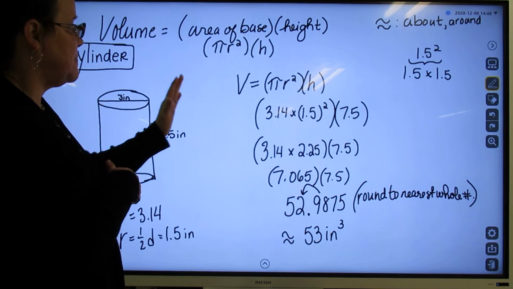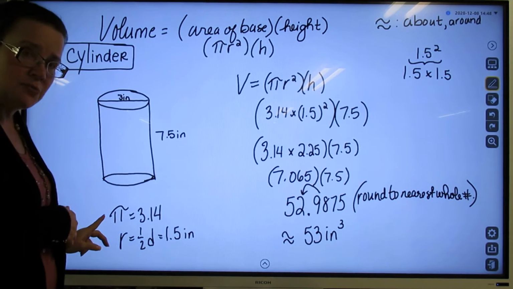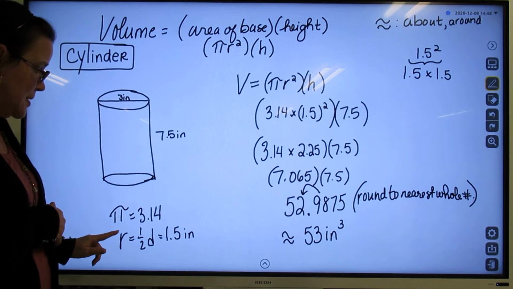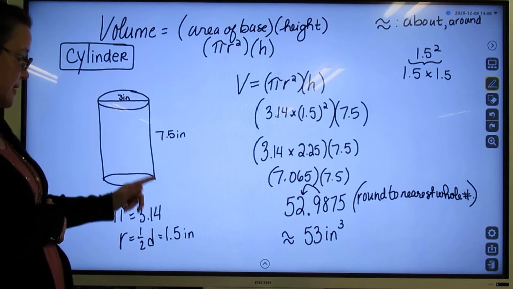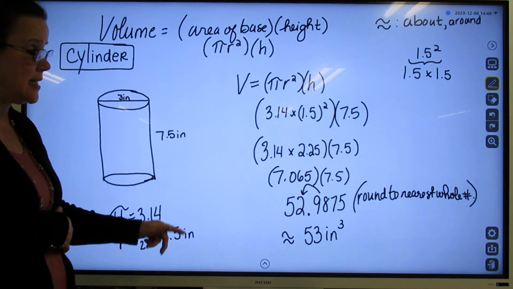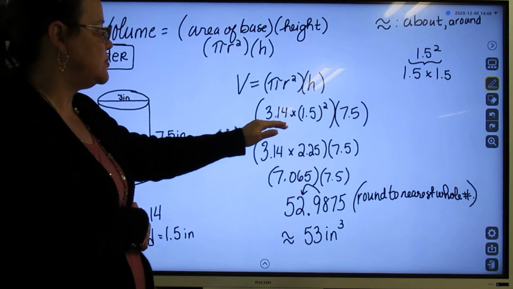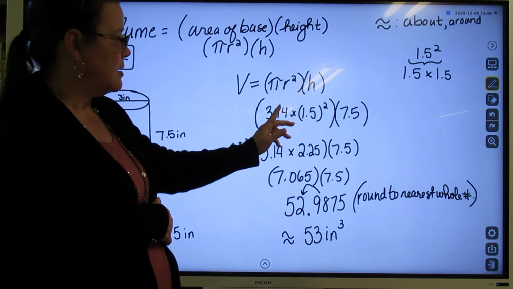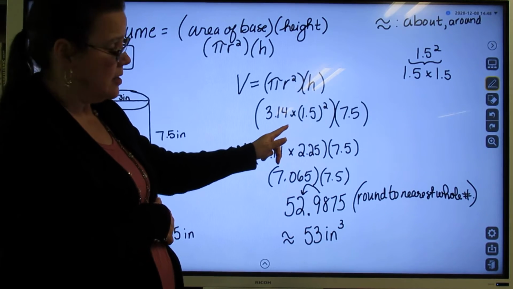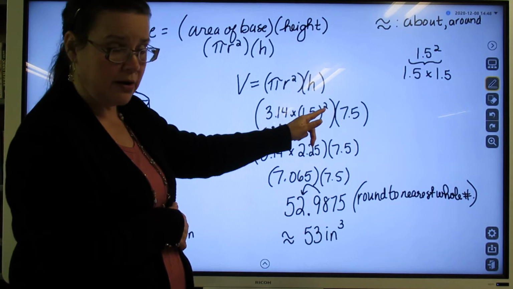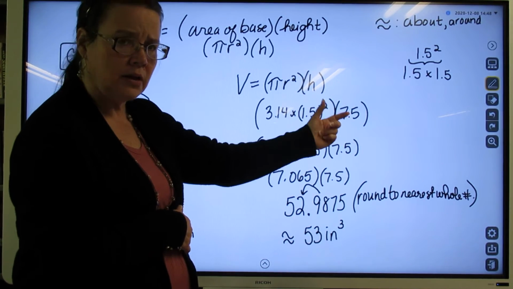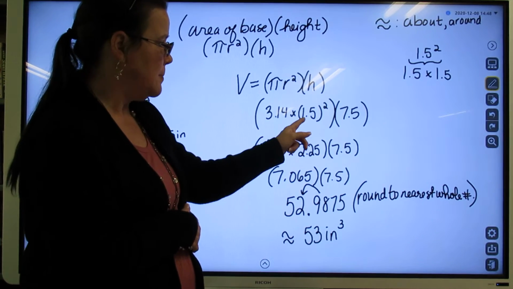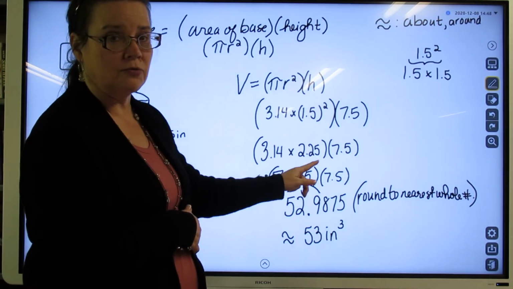We're going to take pi is always 3.14, and the radius is always half of the diameter. In this case, it's going to be 1.5 because that's half of 3. And so then we do 1.5 squared. We have 3.14 times 1.5 squared times 7.5. I always tell the students do it in little itty bitty steps here. 1.5 squared is 2.25.